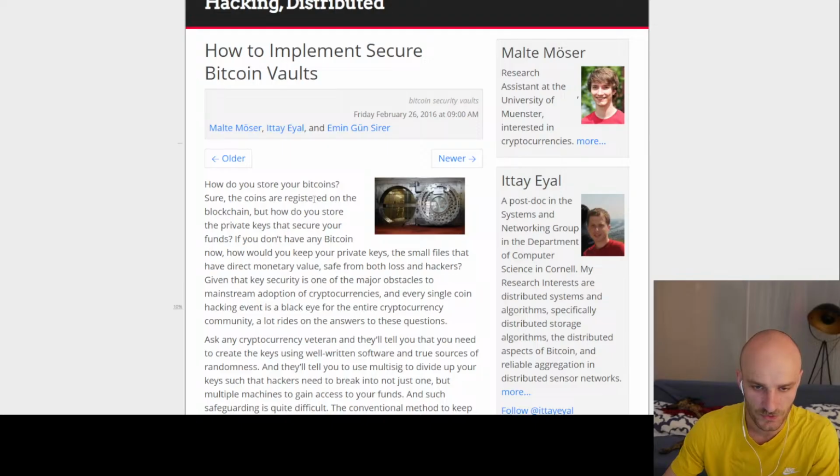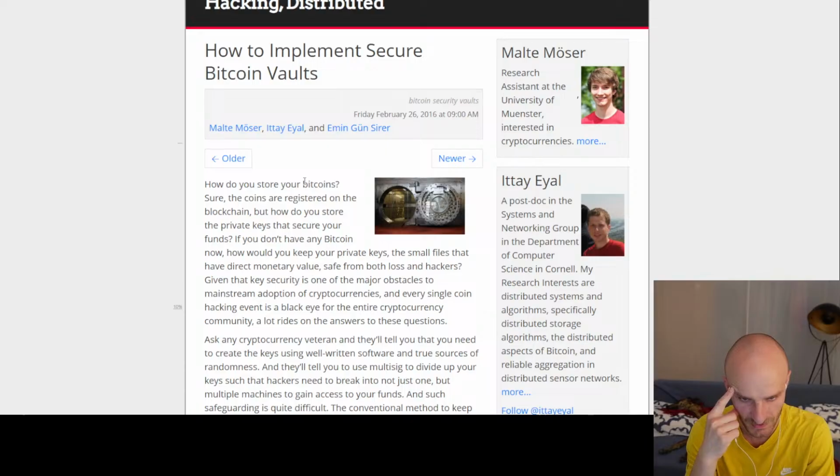How do you store your bitcoins? Sure, the coins are registered on the blockchain, but how do you store the private keys that secure your funds? If you don't have any bitcoin now, how will you keep your private keys, the small files that have direct monetary value, safe from both loss and hackers?